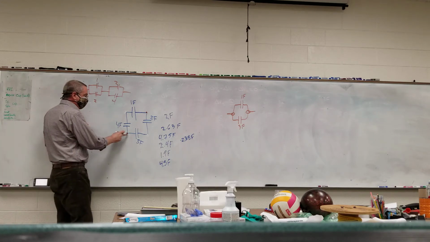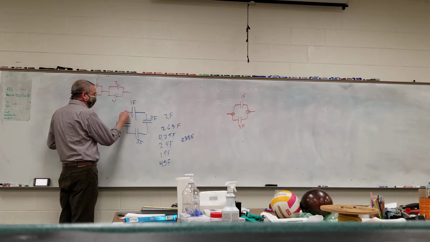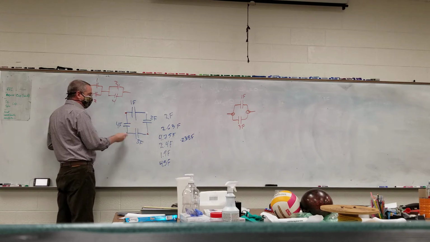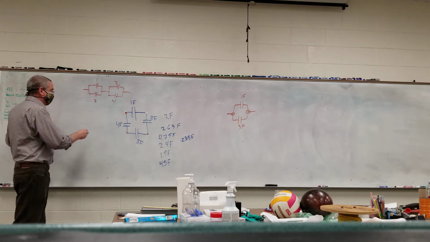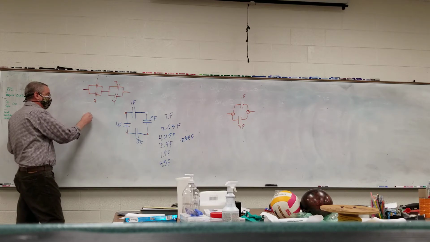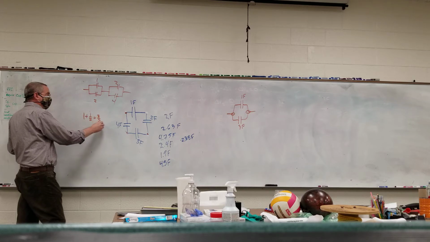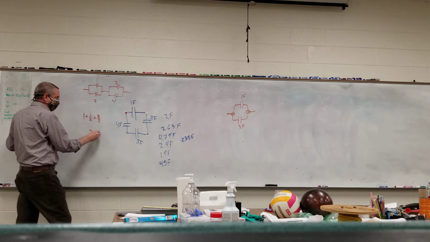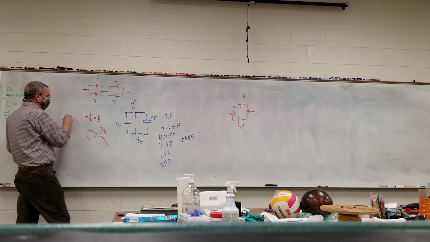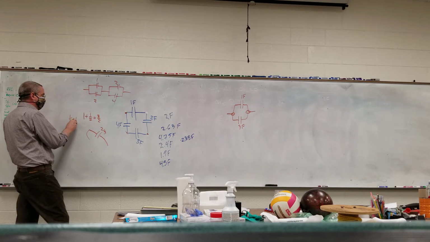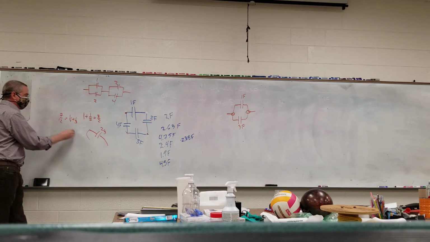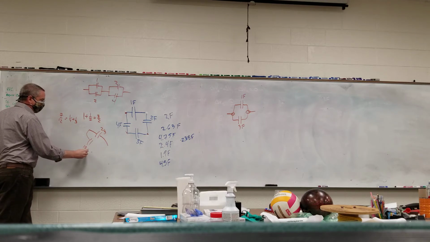If instead you treat the 1 and 2 as series and the 3 and 4 in series, you have 1 plus 1/2, which is 3/2, so that would be 2/3. And then 1/4 plus 1/3 is 7/12, so this would be 12/7.